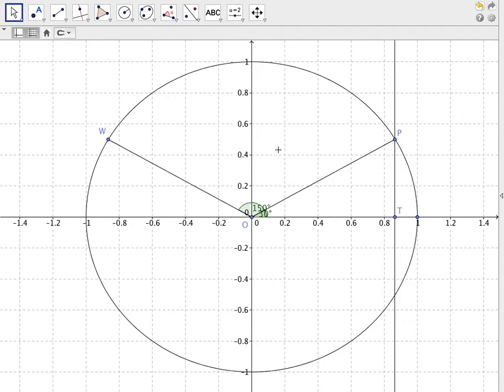We know the coordinates when it's 30 degrees, and we know the coordinates when it's 150 degrees. There's some angle where the coordinates are going to be negative square root of 3 over 2 for your x and negative 1/2 for your y. Figure out what that angle is, and then continue answering the rest of the questions.